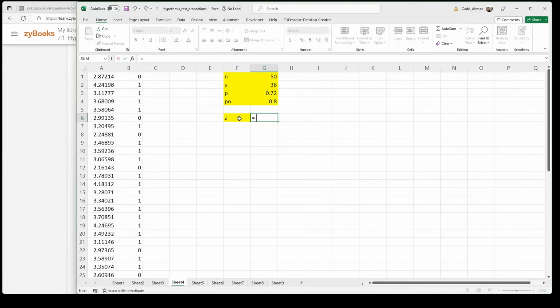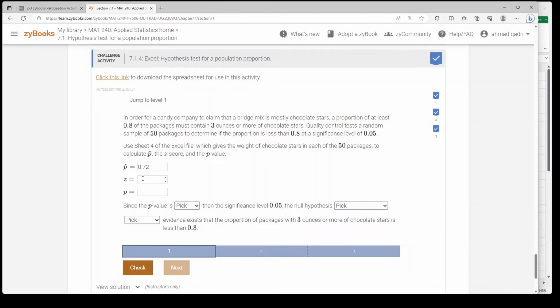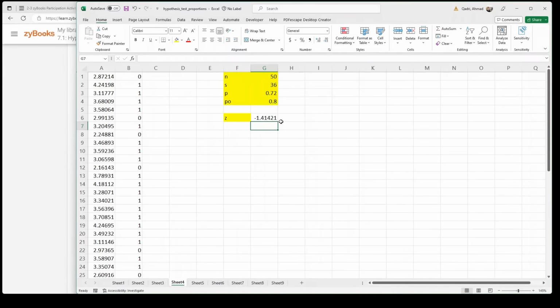The numerator is p-hat minus p0, and the denominator is the square root of p0 times 1 minus p0 over n. So it's minus 1.4142. I'm going to type this to 4 decimal places here.